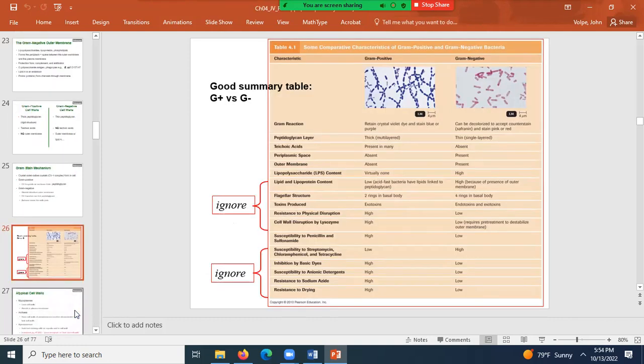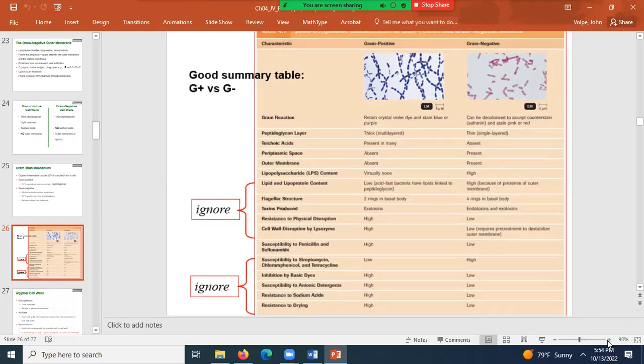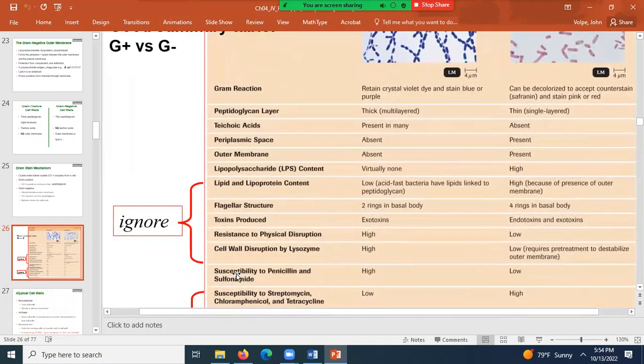This slide is showing you a summary of the gram-positive cell wall and the gram-negative cell wall. You only need to look at the top. Thick peptidoglycan in the gram-positive cell, thinner in the gram-negative cell.